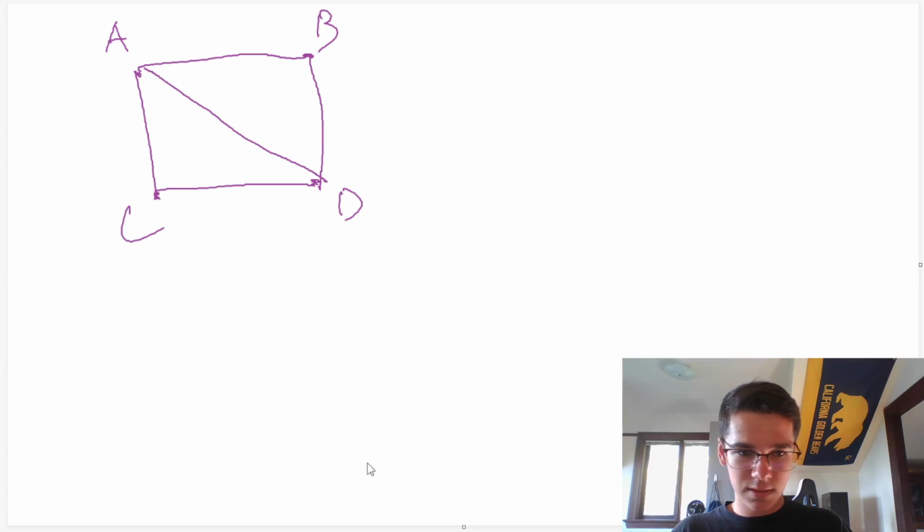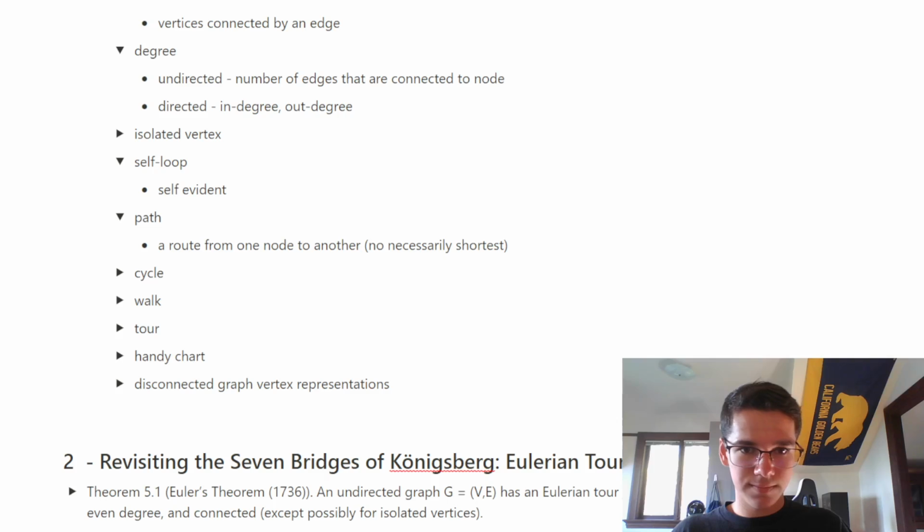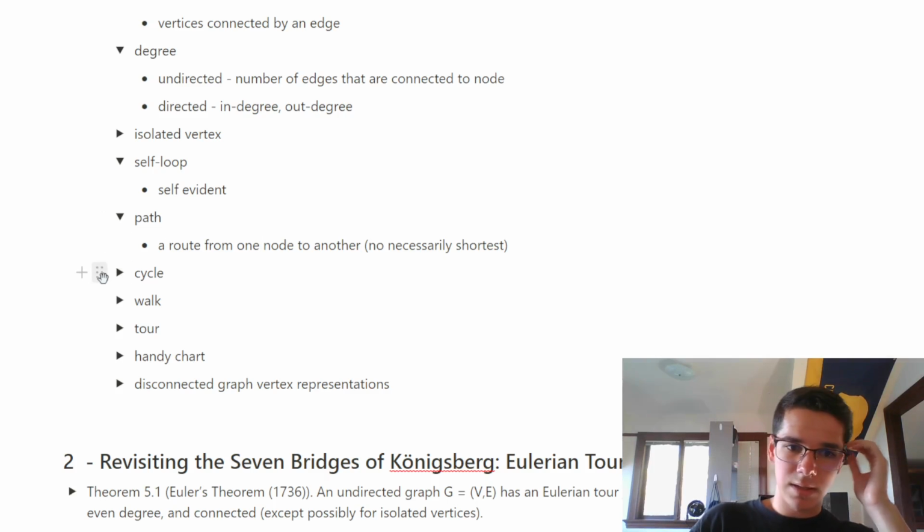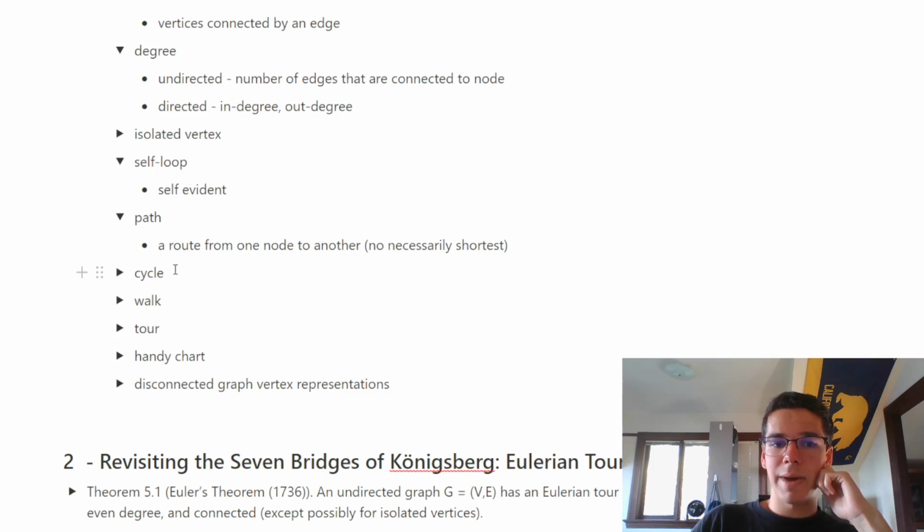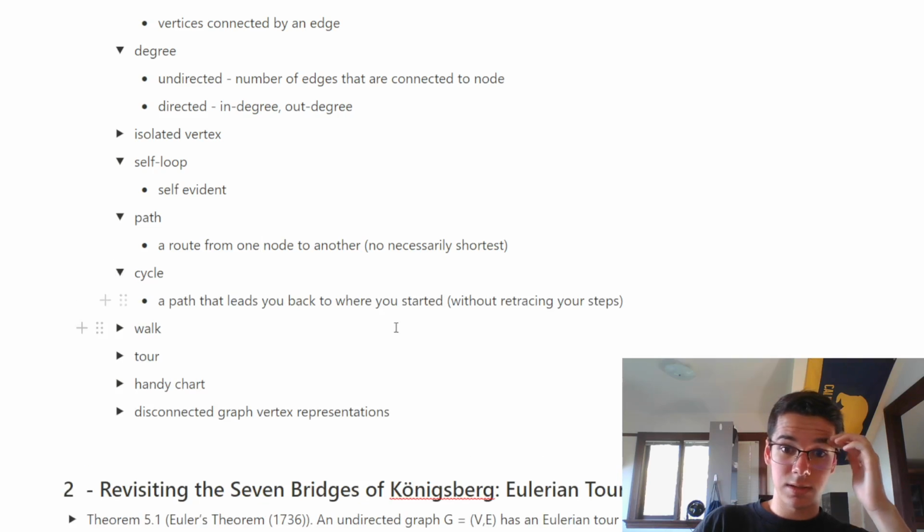The next definition, let me switch back, is a cycle. For us, a cycle is a path where the start is equal to the end. It basically leads you back to where you started.